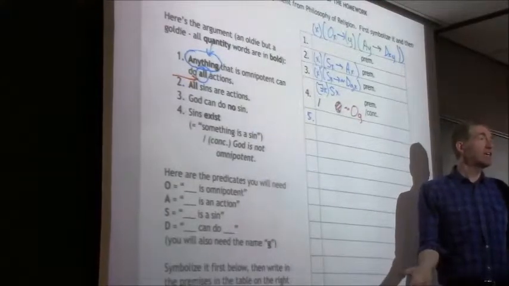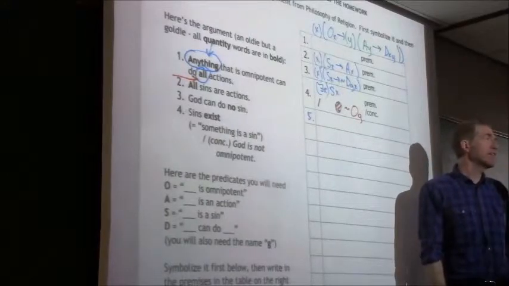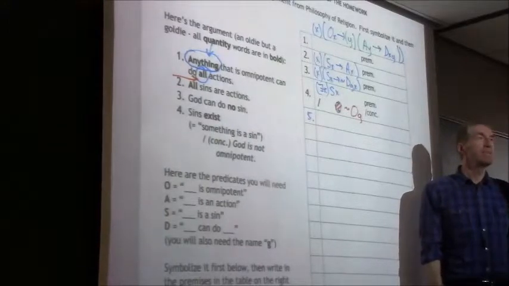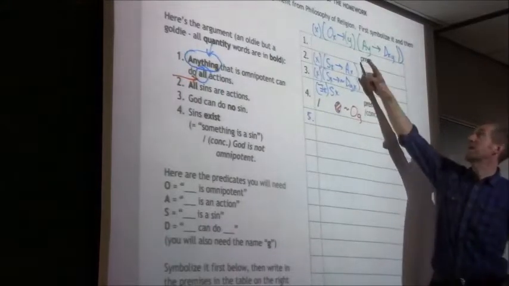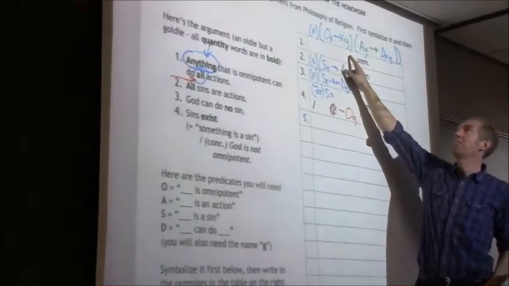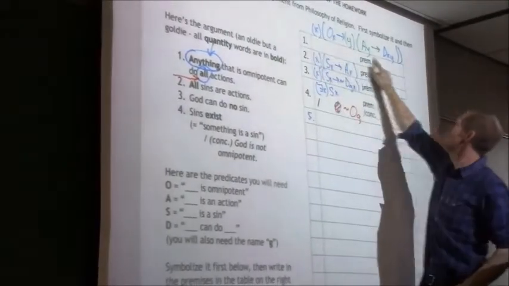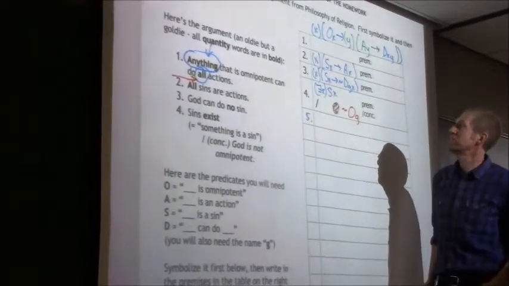No, we can instantiate all of them. Now, there is one quantifier that we can't instantiate, which is that. What's that? The universal y. Yes, we can't instantiate this one because it's not the main connective. But we can instantiate this one because it has the whole line in its scope. We can instantiate this one, we can instantiate this one, we can instantiate this one.